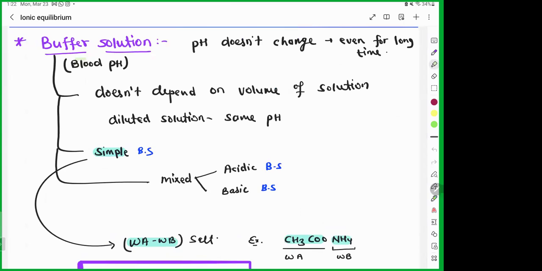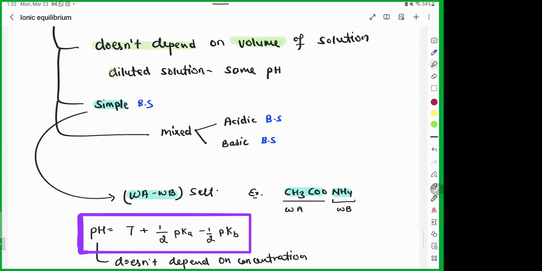So guys, buffer solution means pH almost remains the same. If you try to add a small amount of acid or base, pH will remain the same. It does not depend upon the volume. Even if you add water and dilute the solution, buffer solution pH will remain the same.